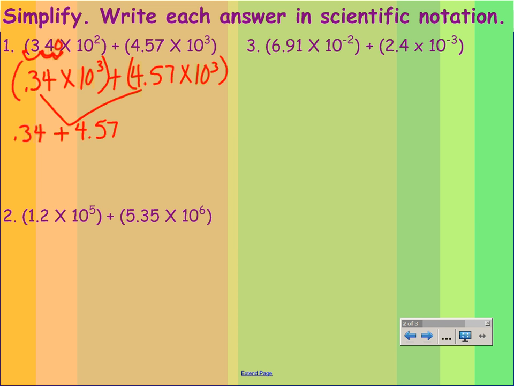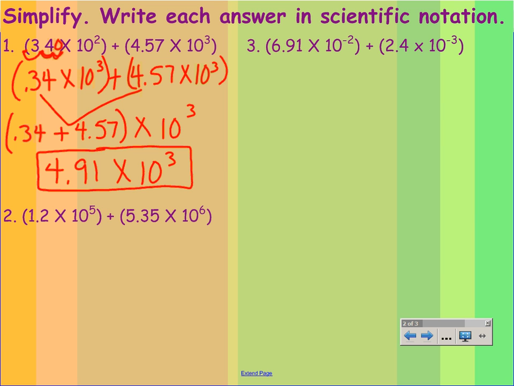So we're going to add those together and then multiply by our common exponent, 10 to the third. When I add those together, I end up with 4.91 times 10 to the third. Then the final question is, is the answer in scientific notation? Yes, it is, because the first number is between 1 and 9.99, times 10 to the third power. So we're in luck there.